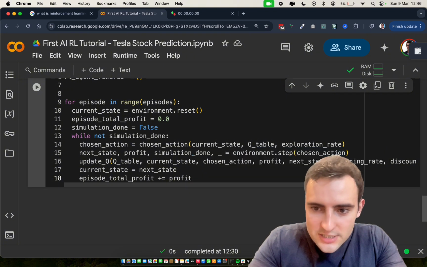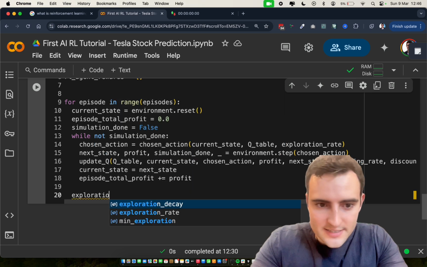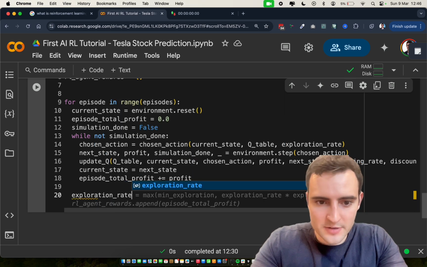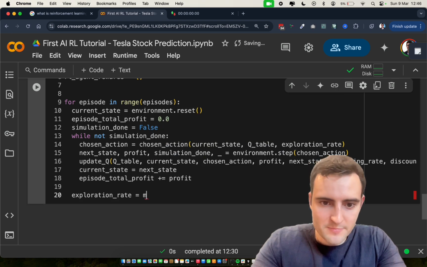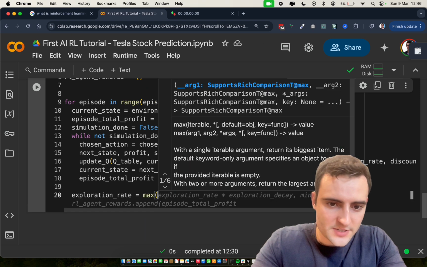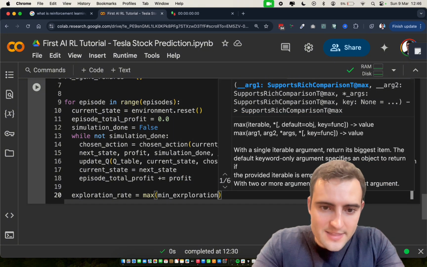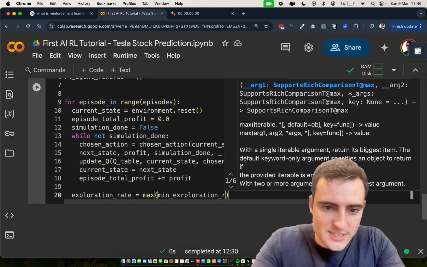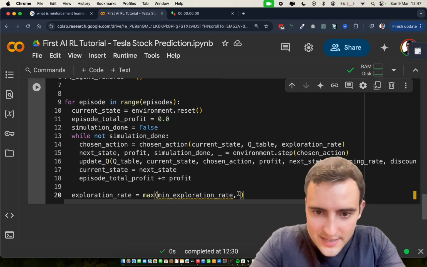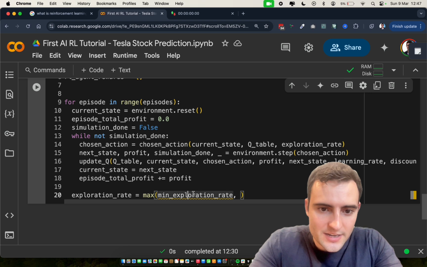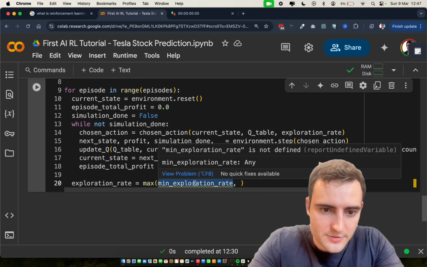Next, we write exploration_rate is maximum of the minimum exploration rate, right? So this is the minimum rate that we have to explore. But every day that goes by, we want to explore less because we've learned a lot and we want to rely on that knowledge, right? You wouldn't be doing anything new if you didn't have the minimum exploration rate.